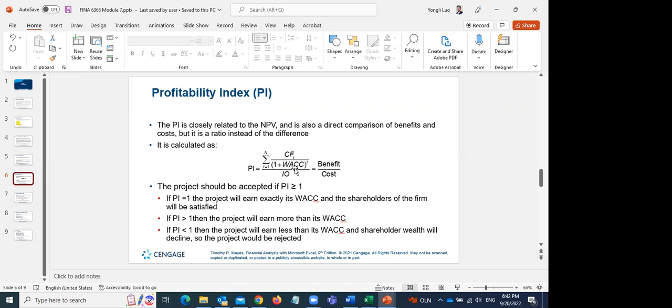The WACC is the discount rate, and divided by your initial investment. IO is initial investment. So the criterion is that the PI greater than 1, you accept the project. Less than 1, you decline the project.